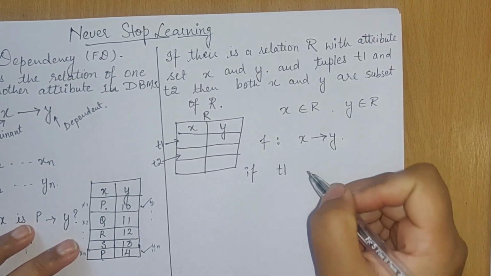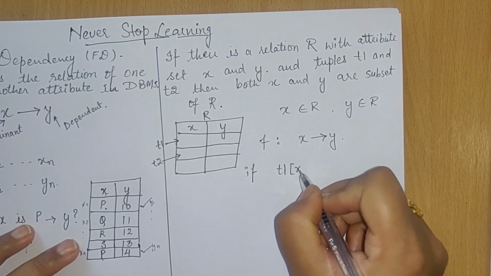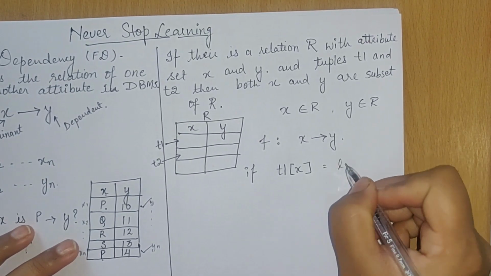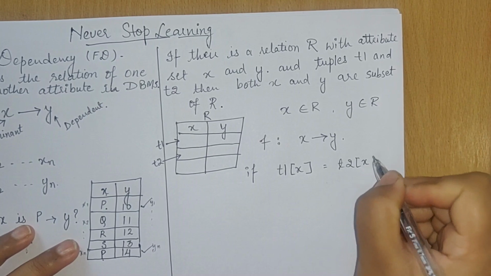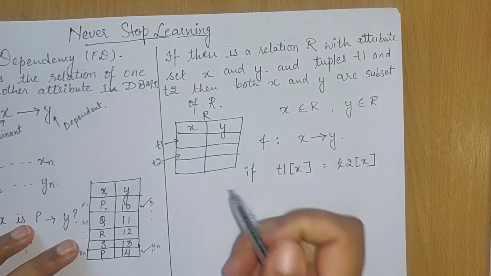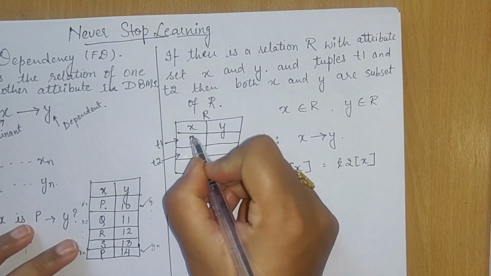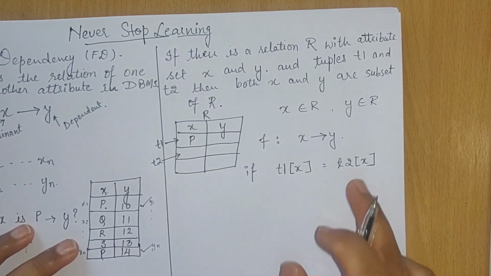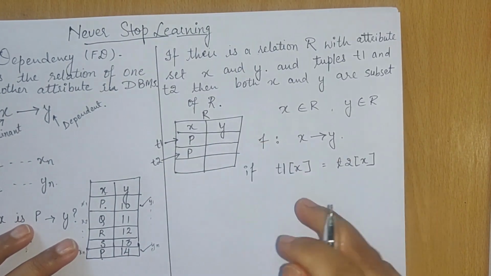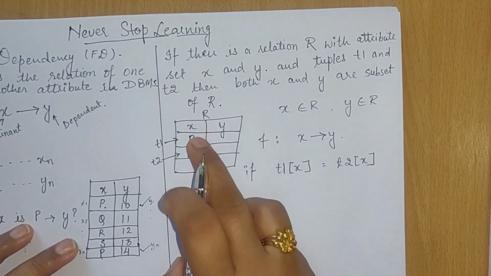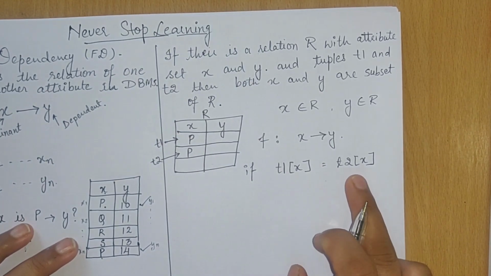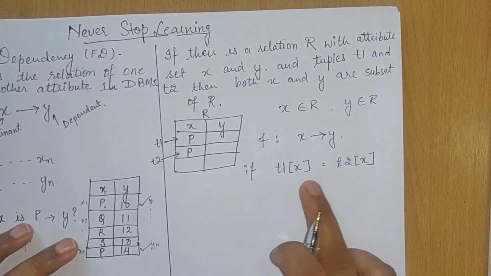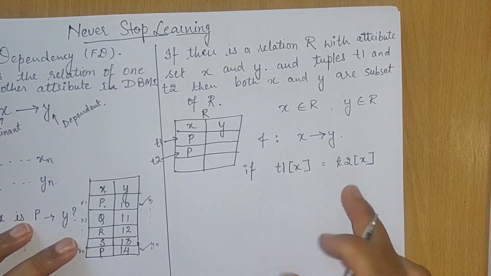If the value of T1.X is equal to T2.X, let us suppose here I have P and the value of T2.X is also the same, so in both places, T1.X and T2.X, I have the same value.